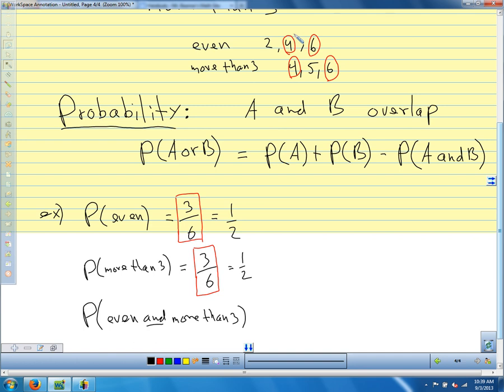Just 4 and 6. 4 and 6 are both even and more than 3. So we have 2 out of 6. 2 of the numbers are even and more than 3. And we could reduce that if we wanted to 1/3, but I'll leave this so we can add our fractions more easily.